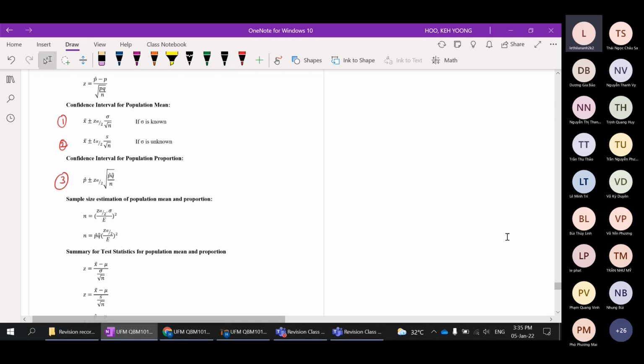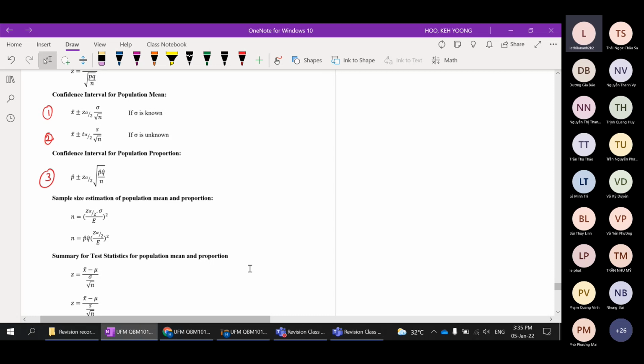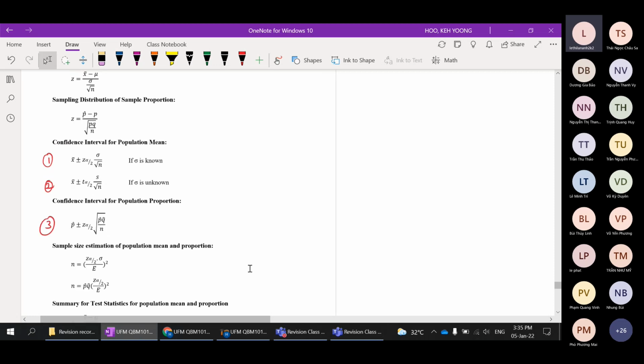Under estimations, we will use these 3 formulas to calculate the confidence interval. The first 2 formulas are to calculate the interval for the population mean. The third formula is for population proportions. Notice there is a difference in the first 2 formulas. One is using Z, one is using T.